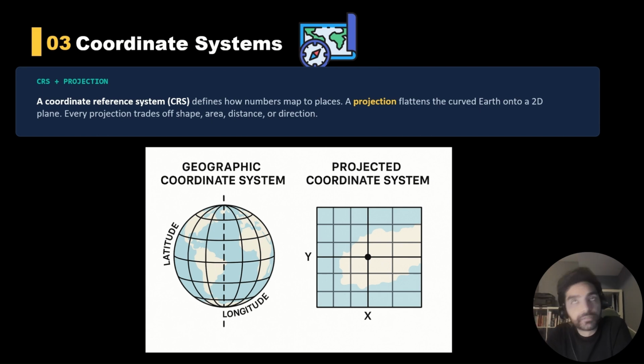A web map, a global dataset, and a survey-grade engineering design may all need different coordinate systems. Usually in major projects where the scope is big, you would work with multiple coordinate systems, and at some point you have to convert them to a single coordinate system.